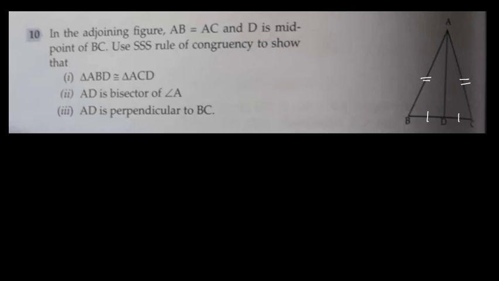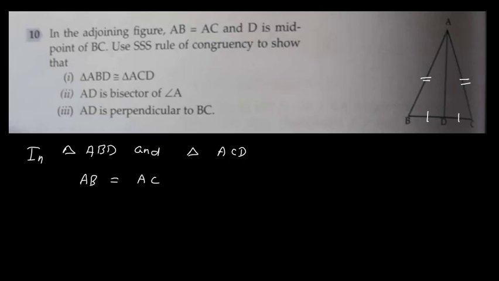Okay, so let us take triangle ABD and triangle ACD. Now in these two triangles, we have AB is equal to AC.